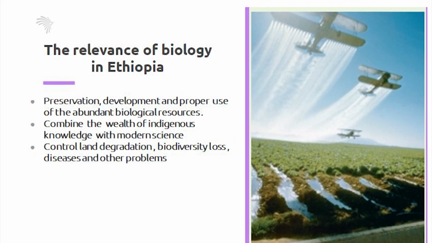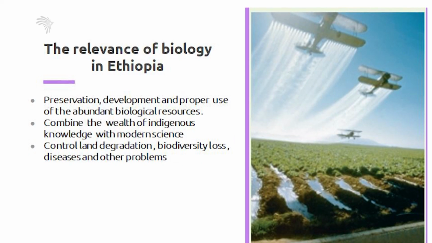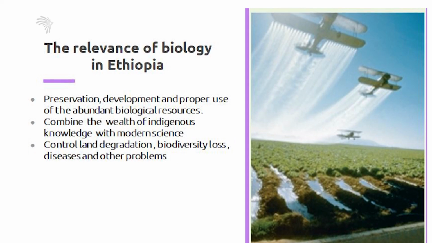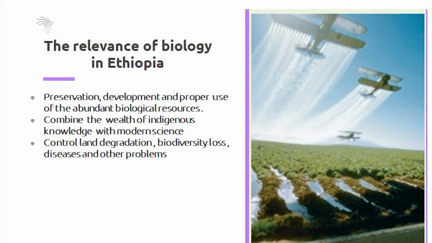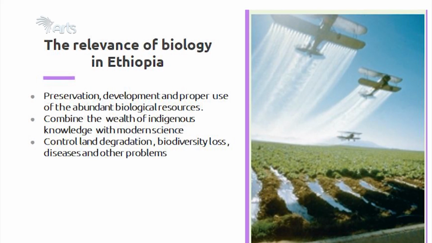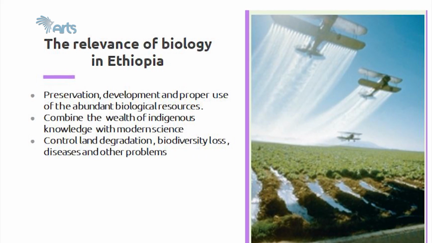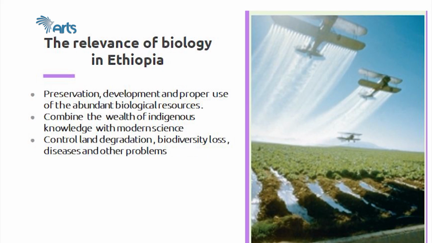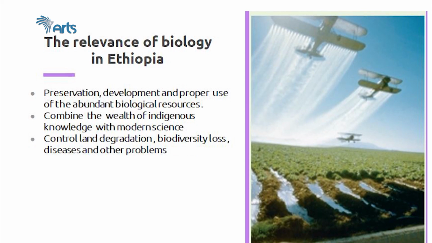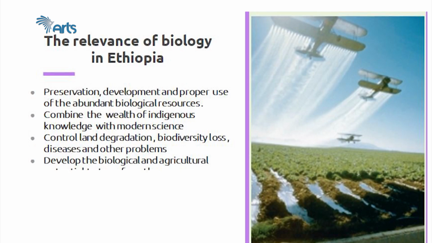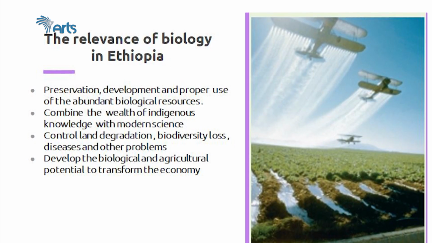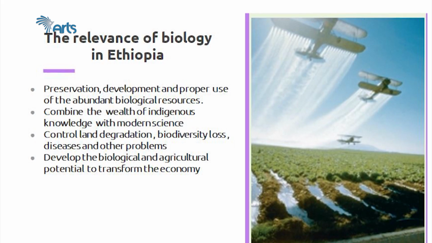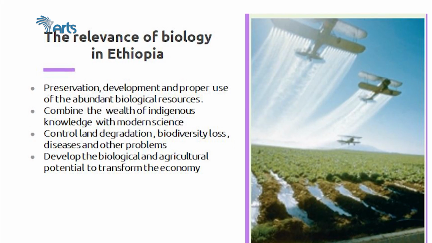So when we control land degradation, plant trees, and take care of our environment, then plants can grow. Many animals come around the trees and the grasslands, so that we are improving our environment, and diseases and other problems will not face this country, thanks to the work of biologists. So to develop the biological and agricultural potentials in this country, biology is playing a relevant and important role.